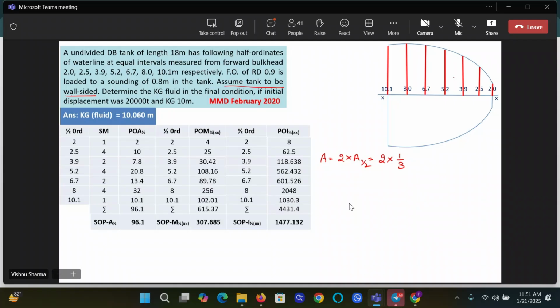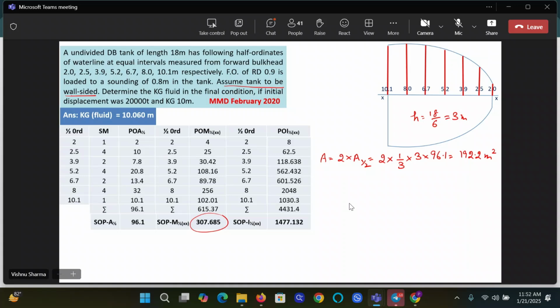So 1, 2, 3, 4, 5, 6, so H is equal to 18 by 6 equal to 3 meters. Area is 192.2 square meters. We don't need this moment thing because the geometric center is on the center line. We could have avoided this summing up anyway. That's okay.